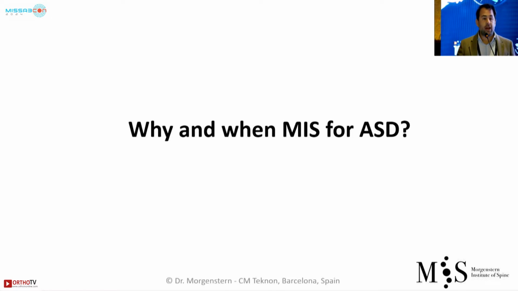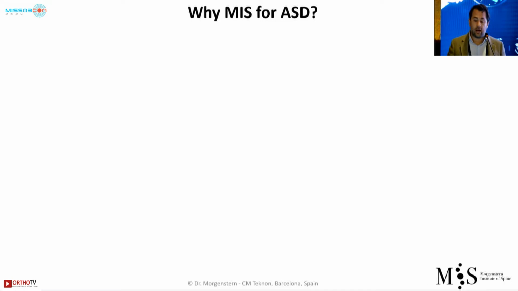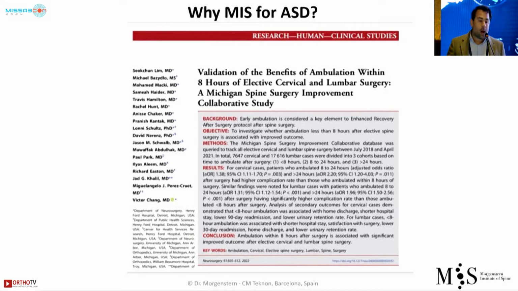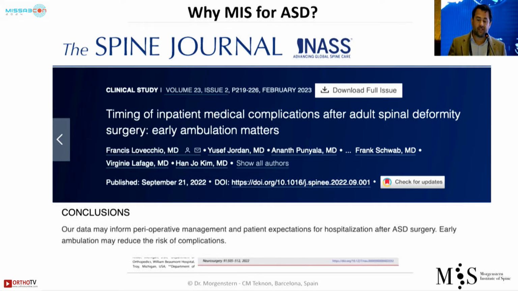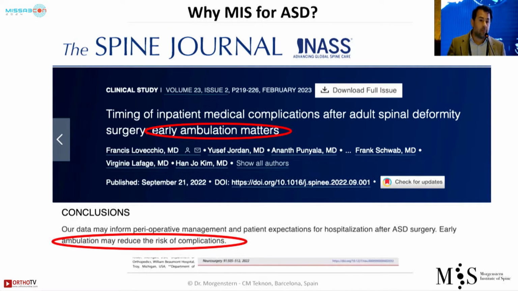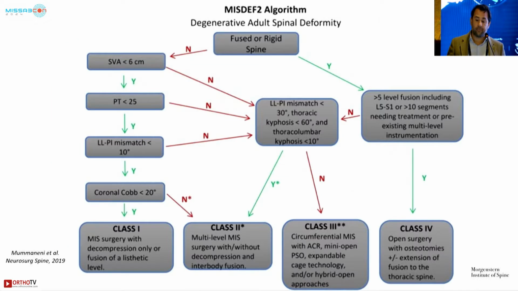So when and why can we use MIS for deformity, right? Why is obvious. If you can get your patients on their feet, especially the old ones, that matters, because the earlier your patients are moving, the fewer complications you will have postoperatively. So it's definitely important to get your patients moving.